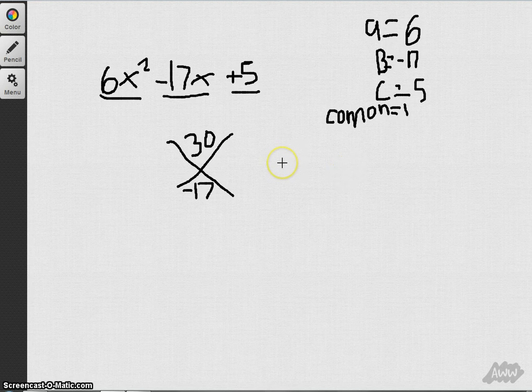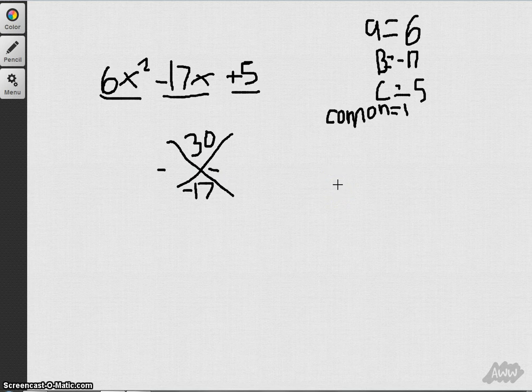So then you have to think of another one that goes into 30 and adds into negative 17. Well, first we know that it's a negative on both sides, and now all that's left to do is to figure out what goes into 17. So another factor of 30 is 30 times 1, but 30 times 1 will only equal 31, so it's not that one.